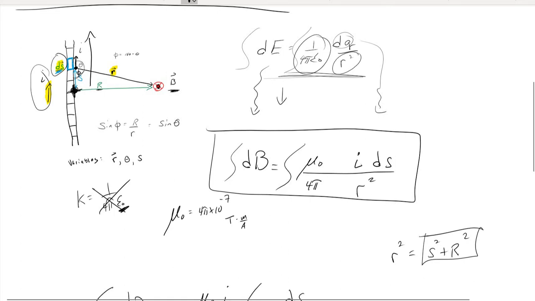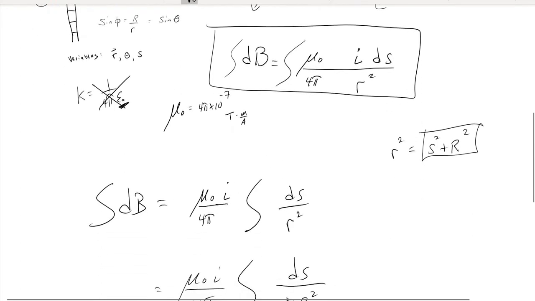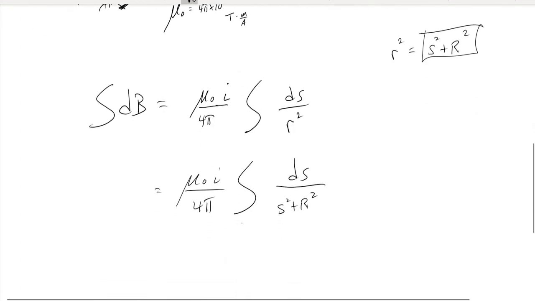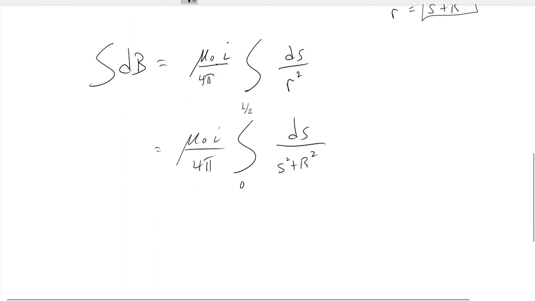If we're at the midpoint of the wire, even better, because then we could just integrate from the center of the wire out to one end and then multiply everything by 2. But just in case that's not what's happening, then we should put in initial and final values for s.